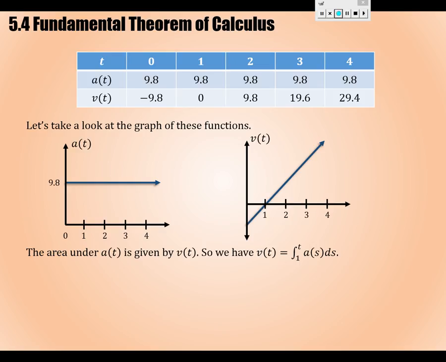I think everyone is starting to see what's afoot here, because you have another relationship in your life, don't you? How else have we related v to a? Yeah, a is the derivative of v.